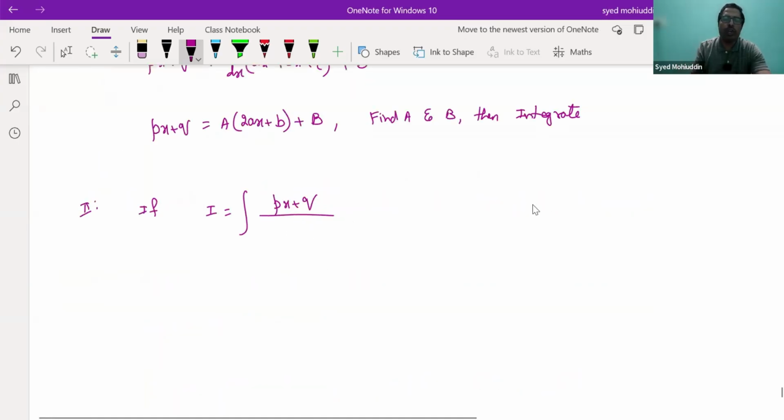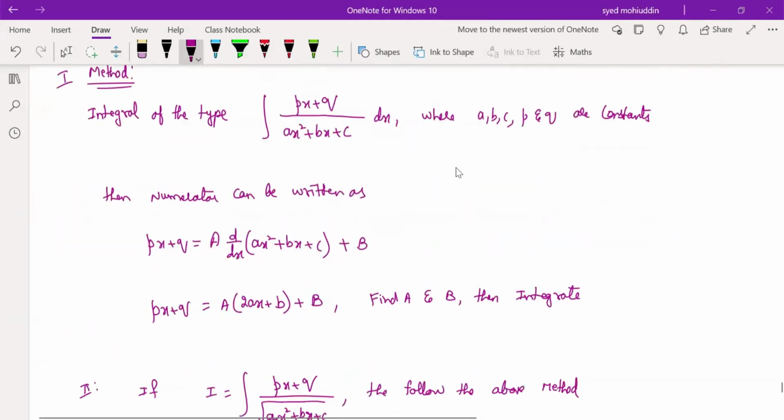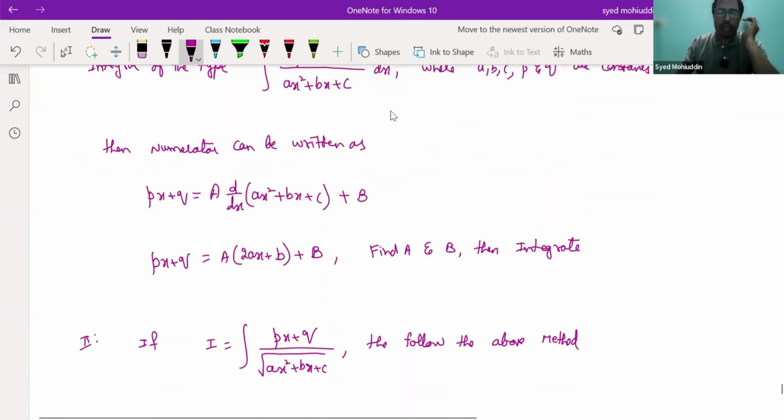But suppose you have a square root in the denominator, the method will remain the same: ax square plus bx plus c, and then follow the above method. Similar method we are going to follow. The problems based on this method, we'll try to do in the next class.